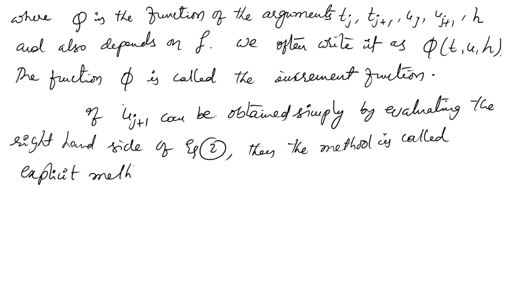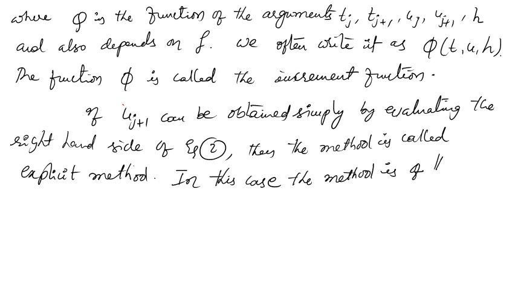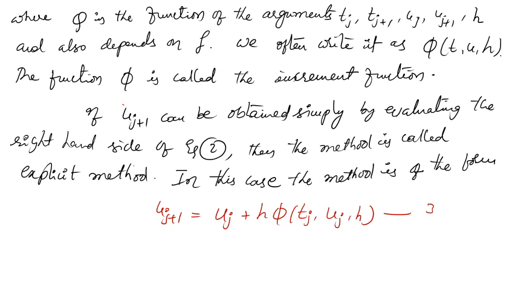Explicit method means the j plus 1th stage is obtained from the jth stage. In this case the method is of the form u j plus 1 equals u j plus h phi of t j, u j and h. It depends on the jth stage only. This is an explicit method, also called a single step method.